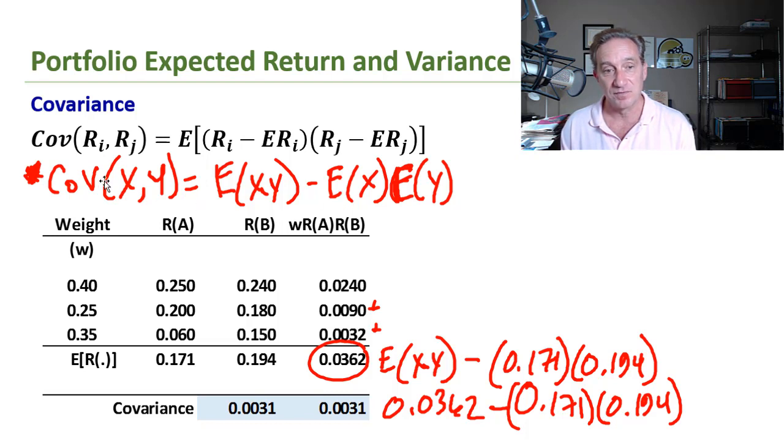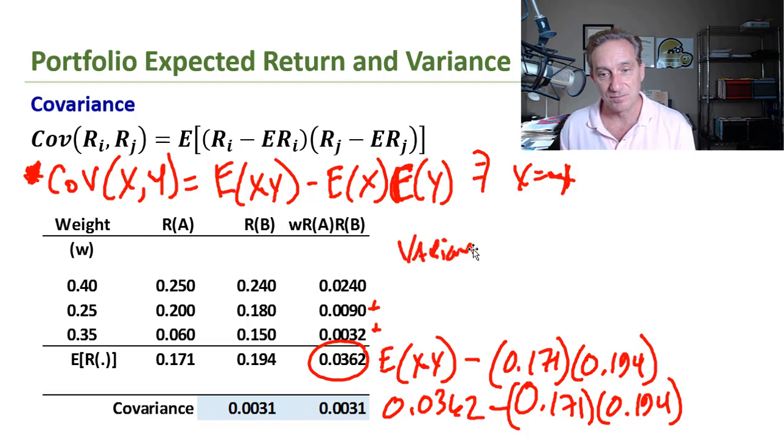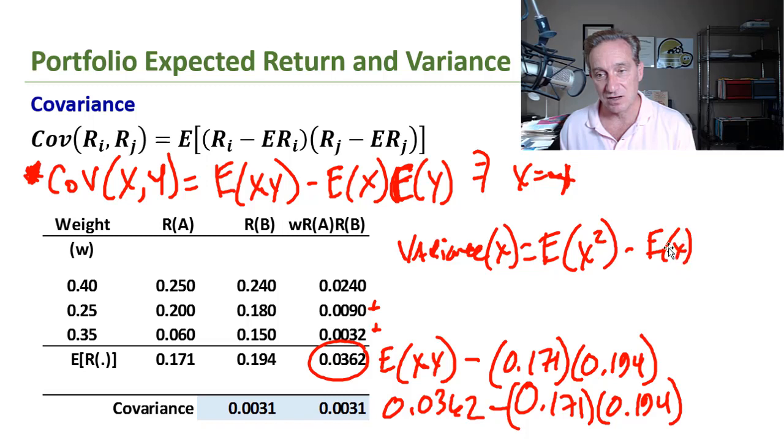So notice, let's say that x equals y, or y equals x. Then we have the covariance of x with itself, which is the variance of x by definition, and it's going to equal the expected x squared minus the expectation of x quantity squared.